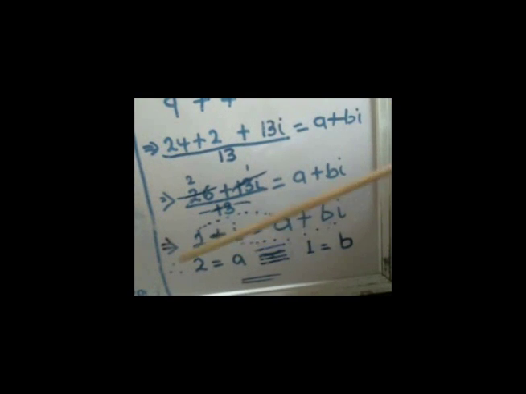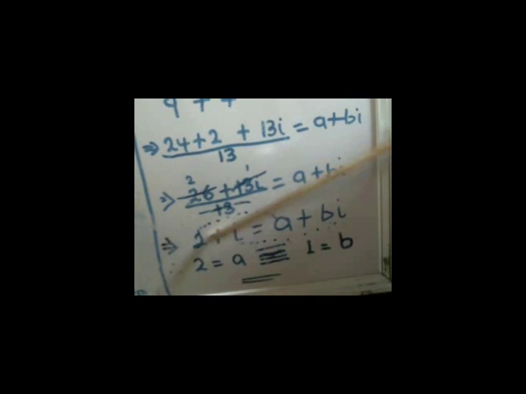So if we say 2 plus i is equal to a plus bi, mere looking at this, we know that this represents this. And because this has an i, this one has an i, so this can represent this. So we say 2 is equal to a.